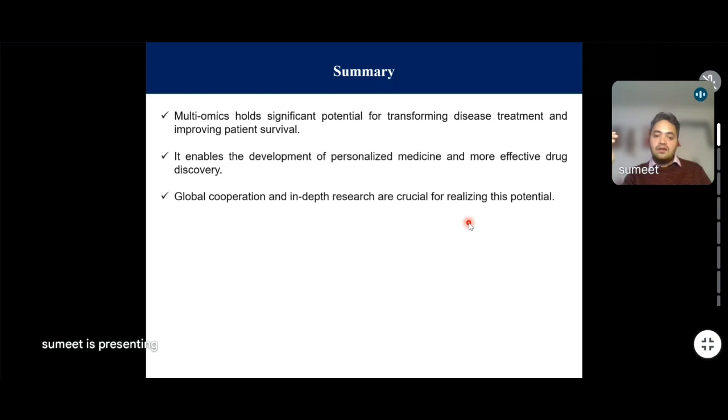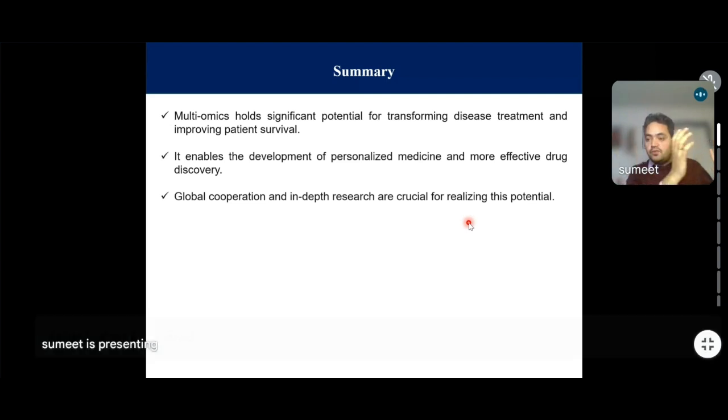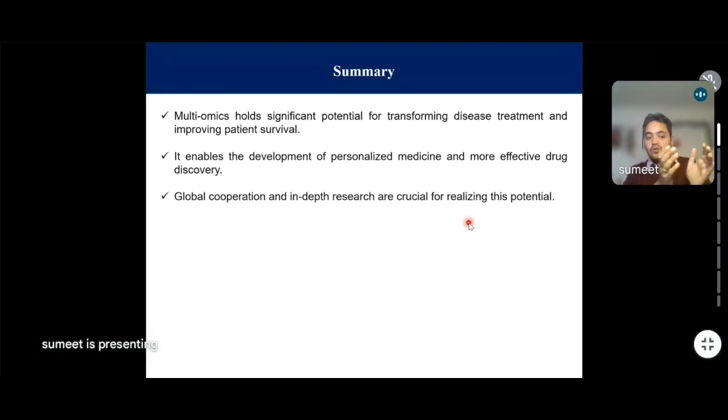And what is really needed is global collaboration and in-depth research, because if there are few patients which a particular group of scientists are studying, we need to have all these different small groups combined together to have a huge amount of information which could be collectively used to advance multi-omic research and help the big pharma companies to impact at scale.